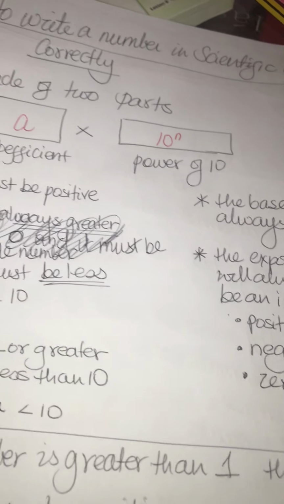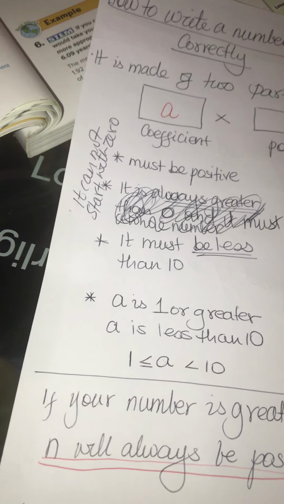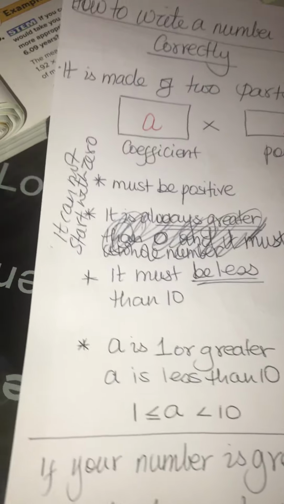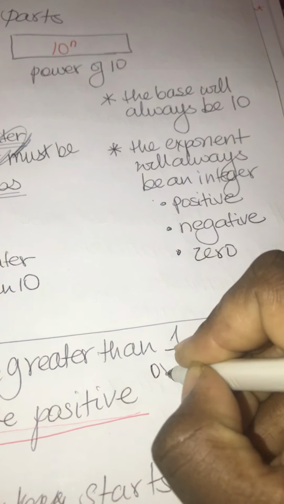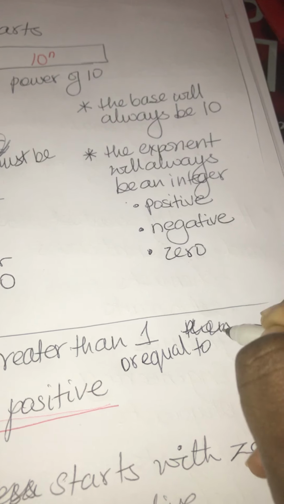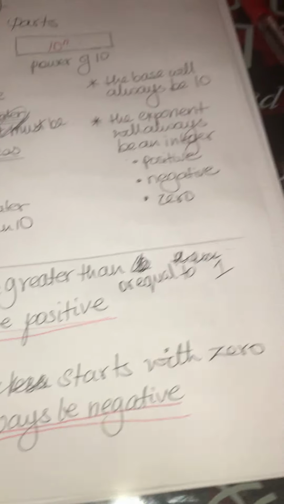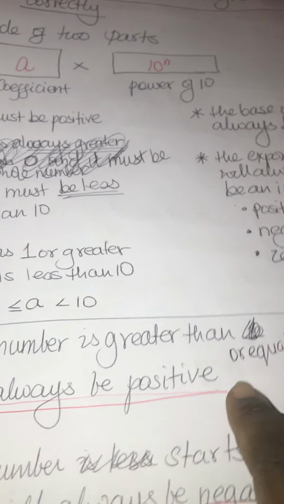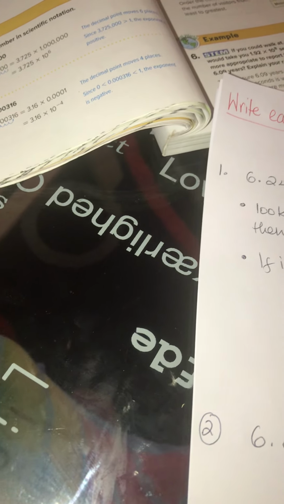If it starts with a number greater than 0, which means from 1 and above, then it is positive. Are we together? So if your number is greater than or equal to 1, then n will always be positive. You will see what we mean by that when we start doing the examples.